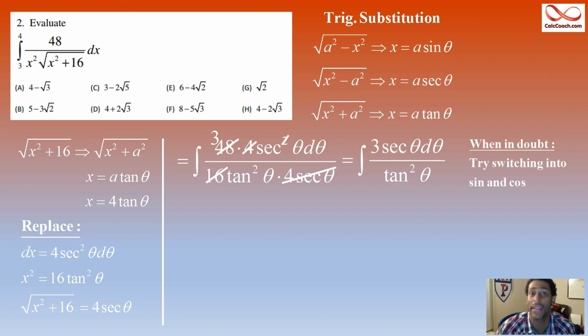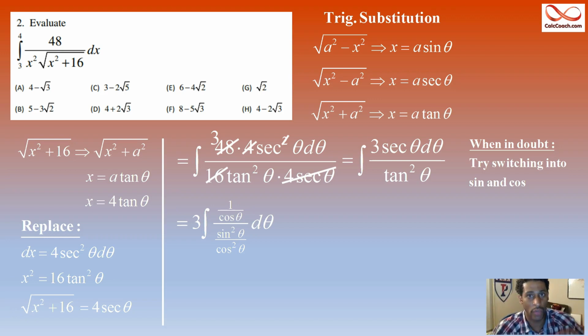So we reach this point where we're kind of at our last resort. When in doubt, basically, the idea is to switch everything into sine and cosine. Not that it's always going to work, but let's give it a shot. So secant theta, in terms of sine and cosine, is the reciprocal of cosine. And tangent squared is going to be sine squared over cosine squared. Fraction over a fraction, we multiply by the reciprocal.